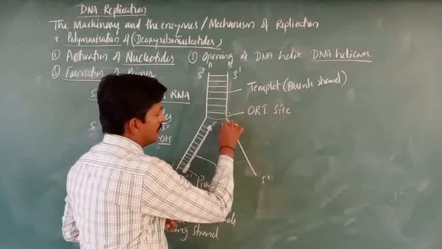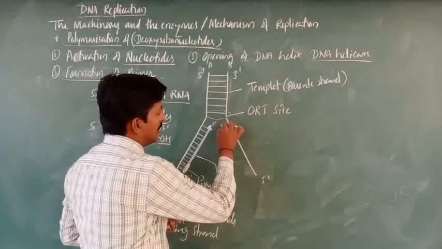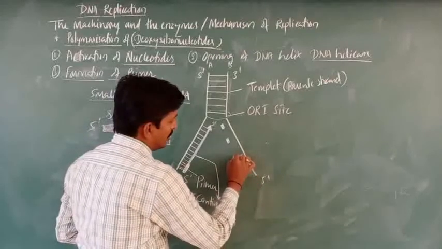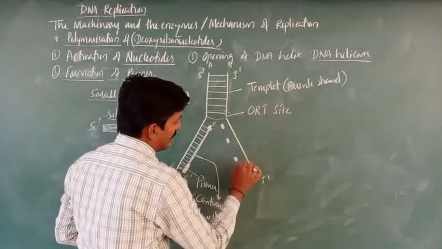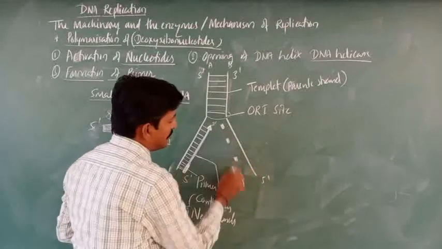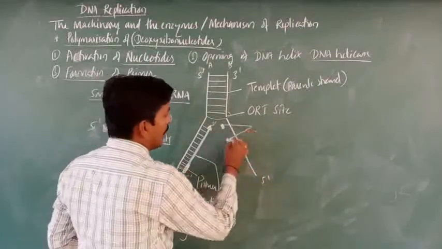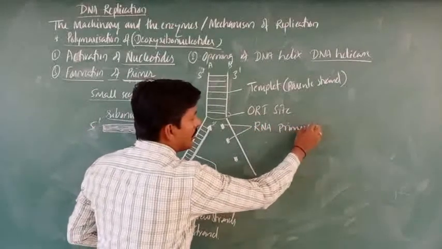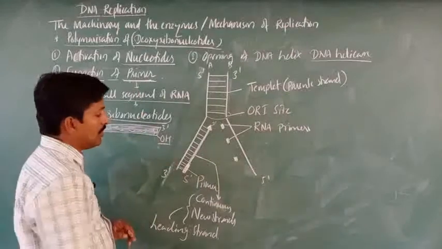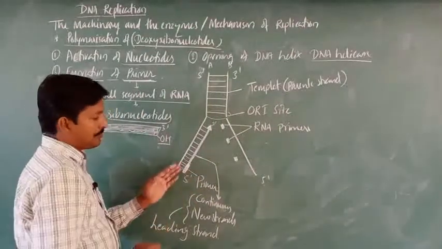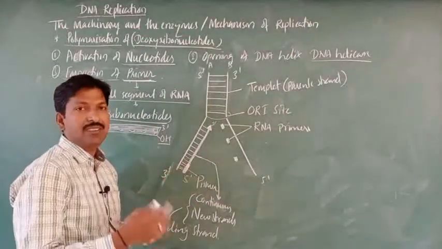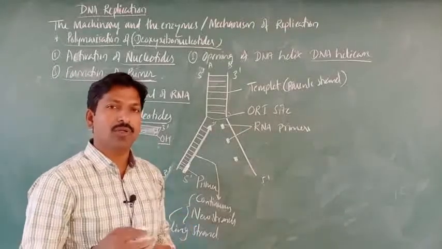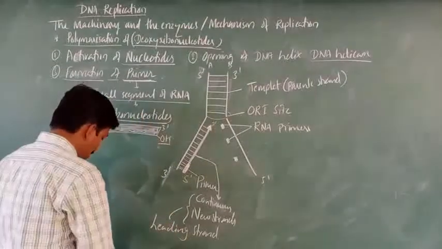So primers are formed in this pattern; in many steps we can take, many primers are formed. These are called RNA primers, right? These RNA primers help to continue the polymerization of deoxyribonucleotides.